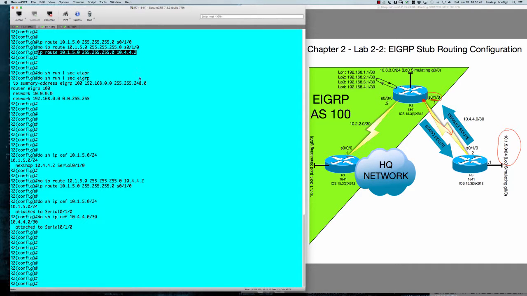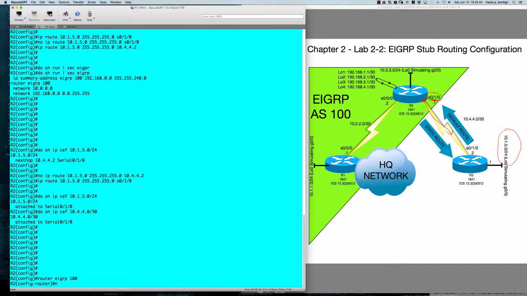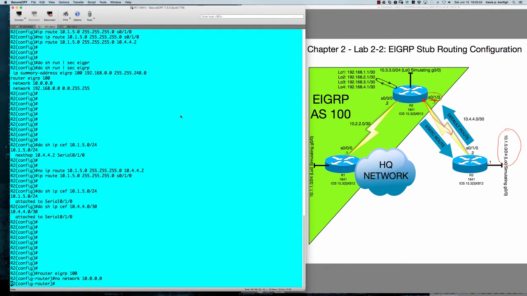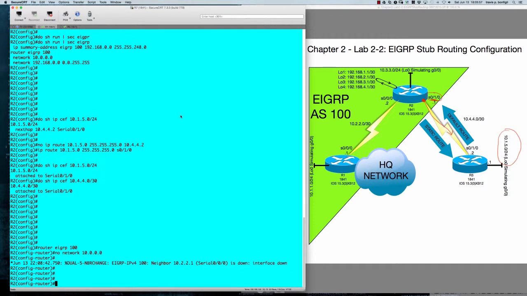That's certainly one way. And the other way, as we've already mentioned, is that I could go into EIGRP and say no network, and this will tear down our adjacency, but that's okay. We're going to build it back up. I could be a little more specific because that's a pretty large range of addresses there, the 10.0.0.0/8, right? So I'm including quite a few things.